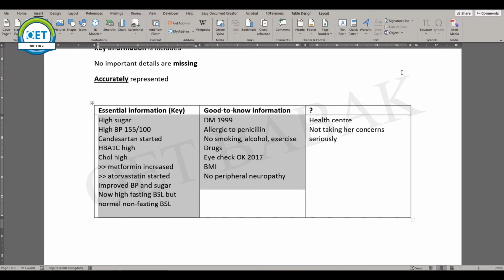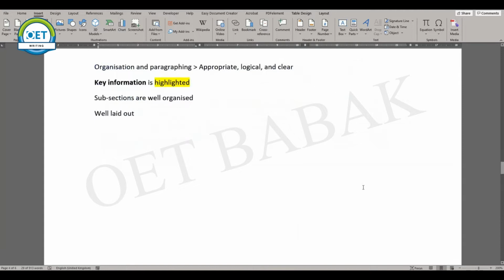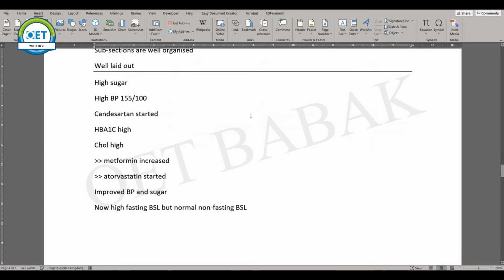So how should we highlight this? Bringing them earlier. Actually they were dispersed in different paragraphs. I take these and I say this is my key information, and I want to highlight these. Which part of a paragraph is the most important part?